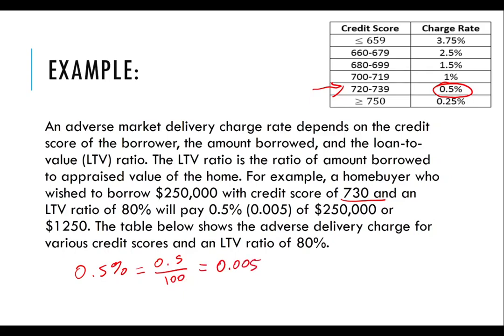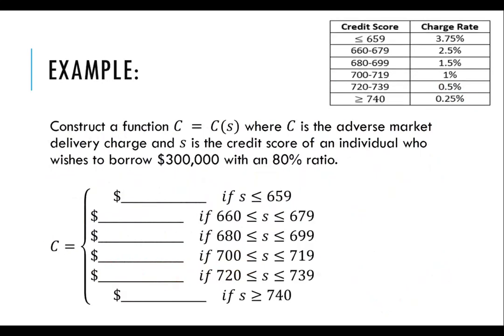So the number that we need to calculate with is 0.005. Since that's the charge rate, we multiply that times the amount that's going to be borrowed, which in this case is $250,000, and then we get the value after that multiplication of 1,250.